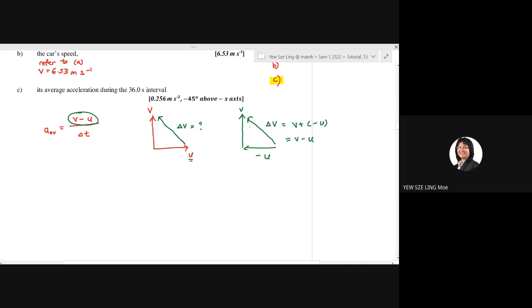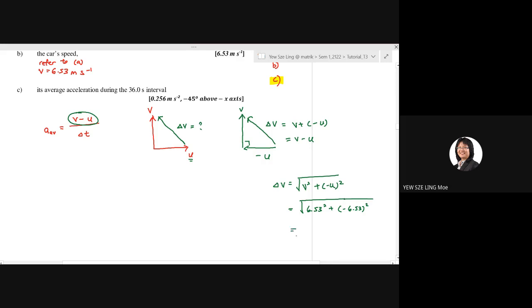But how to calculate V minus U? Based on the shape, now this is a right angle triangle. So what we can do is delta V is then equal to the square root of V squared plus negative U squared, which is equal to 6.53 squared plus negative 6.53 squared. We solve it by using the vector method.